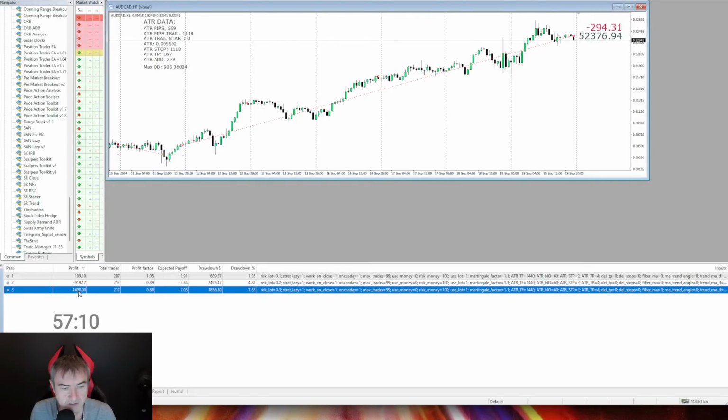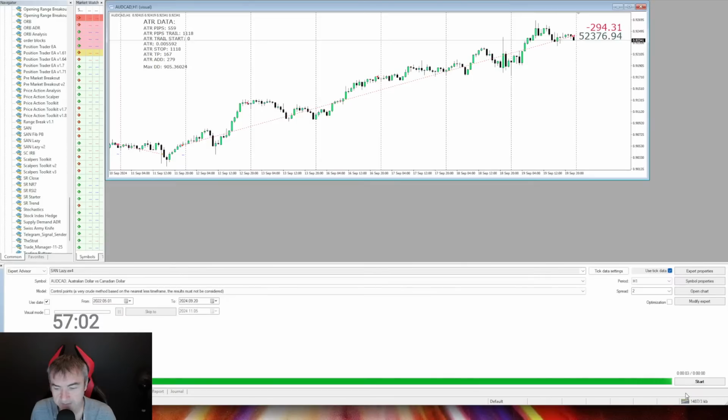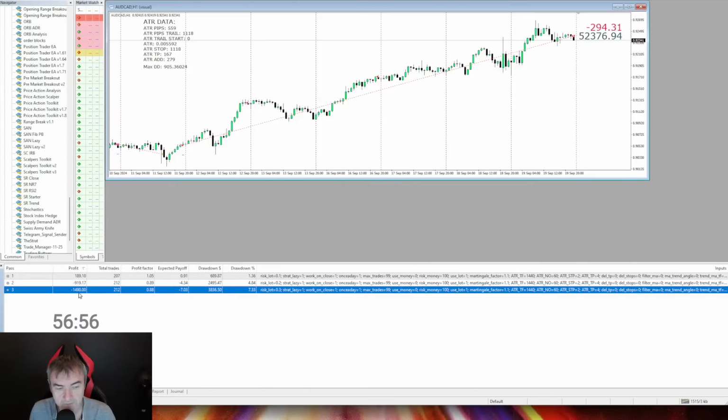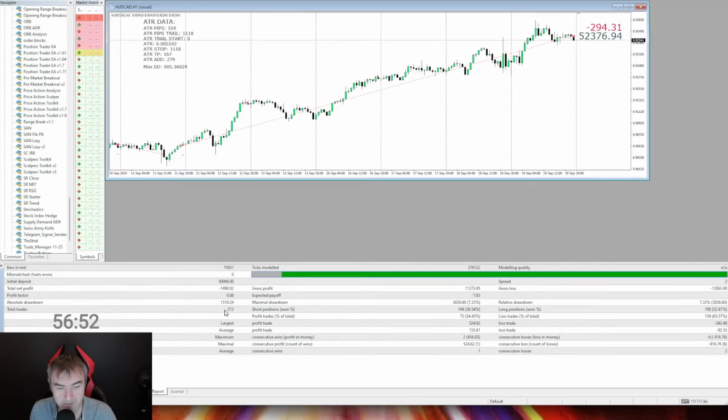So we've got 1,490 negative profit off of 212 trades. If I load that input parameter and then run the test, not in optimization mode, it should give us a 1,490 loss with 212 trades. What we actually get is 1,490 lots with 212 trades.